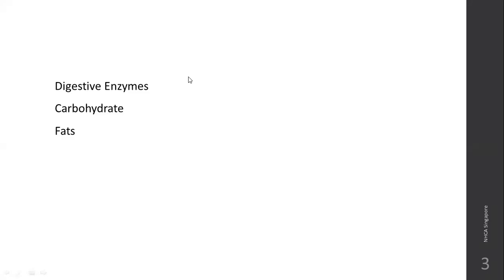Only emulsified fat can undergo breakdown. Emulsification means big globules of fat, once they react with bile salts, form small globules of fat. These small globules are easier to break down or hydrolyze. Once hydrolysis of fat takes place, you get fatty acids, monoglycerides, triglycerides, etc.